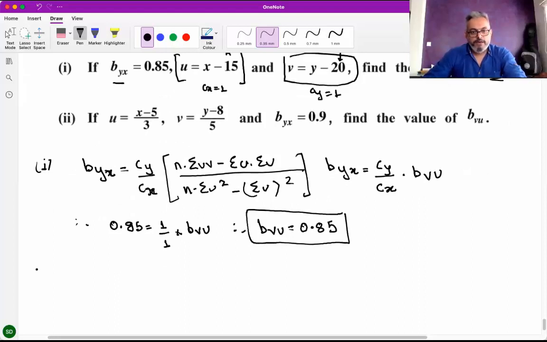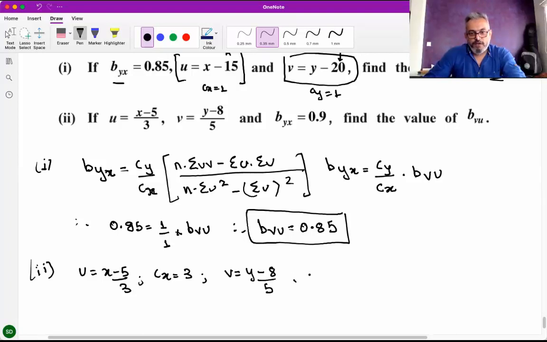Now second one. Over here u is equal to x minus 5 upon 3. So c of x is equal to 3. v is equal to y minus 8 by 5.